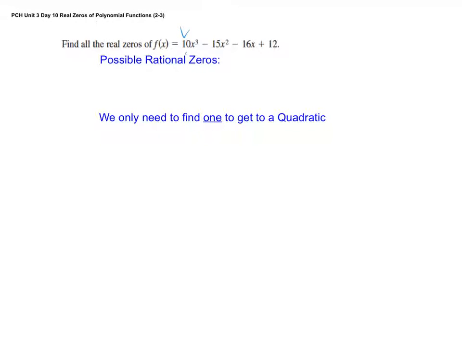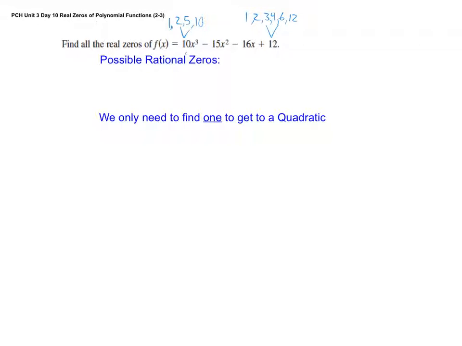How does 10 factor? 1 and 10, 2 and 5. So we've got 4 different factors there. How does 12 factor? 1 and 12, 2 and 6, 3 and 4. Very good. Each of these is plus or minus.